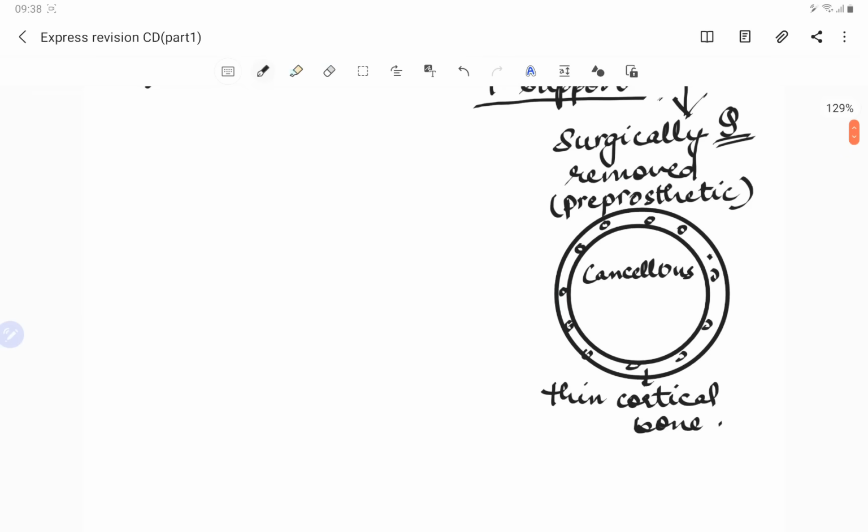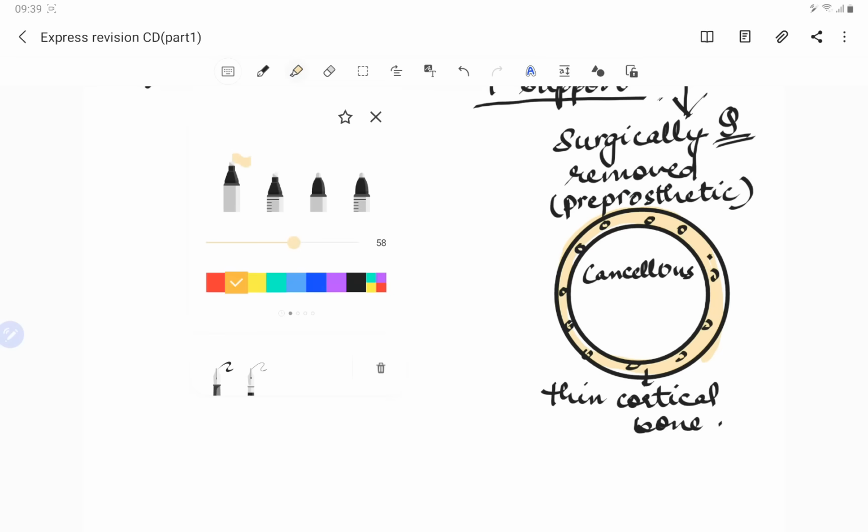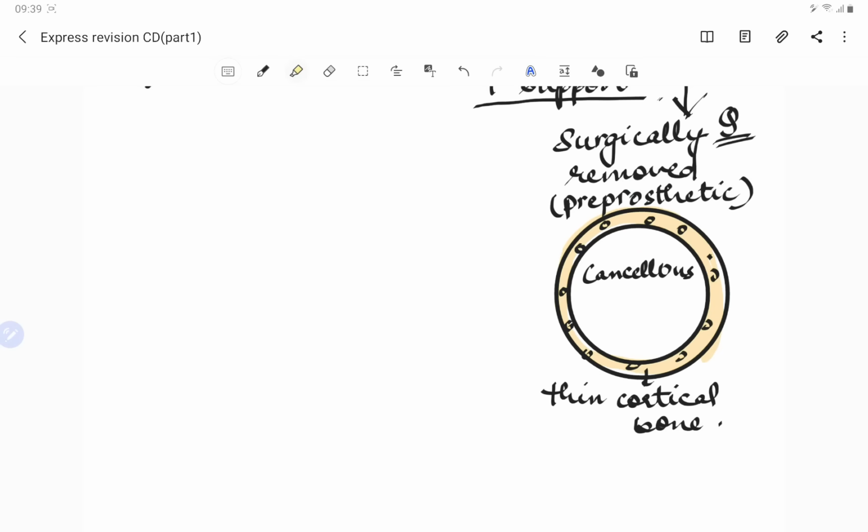And the size, if you look at it, so this is the tori.